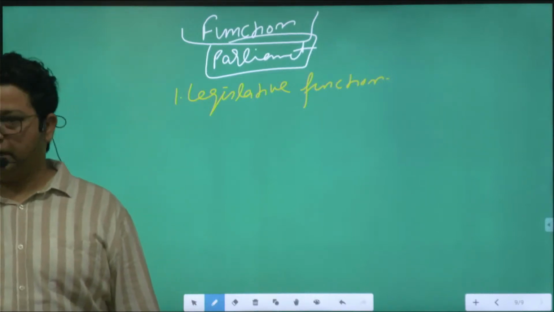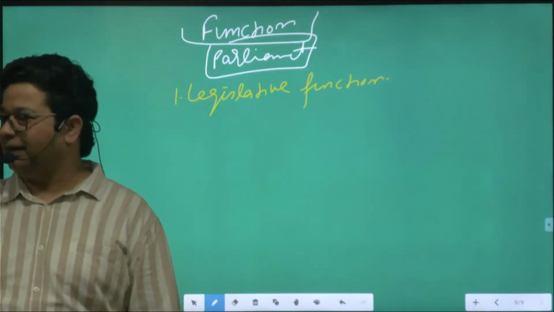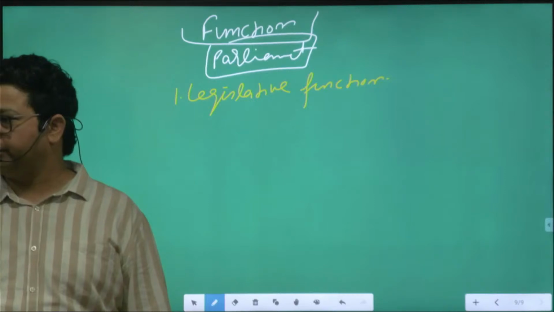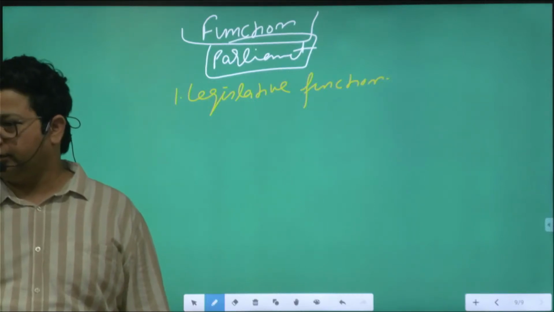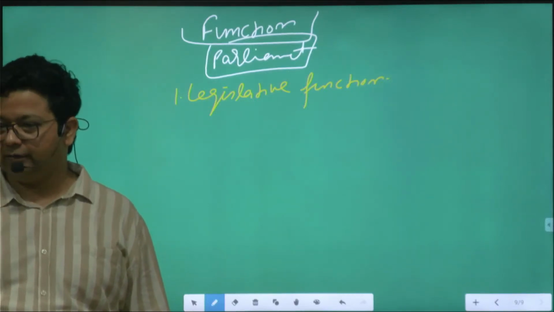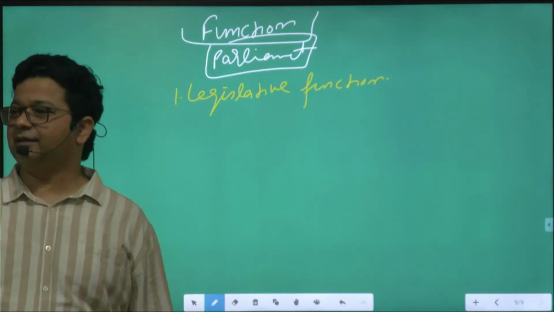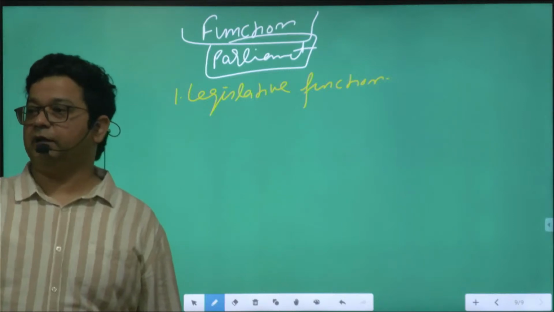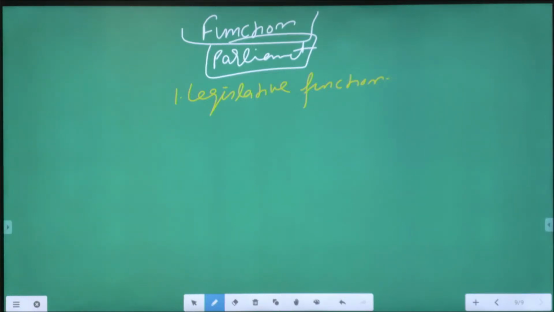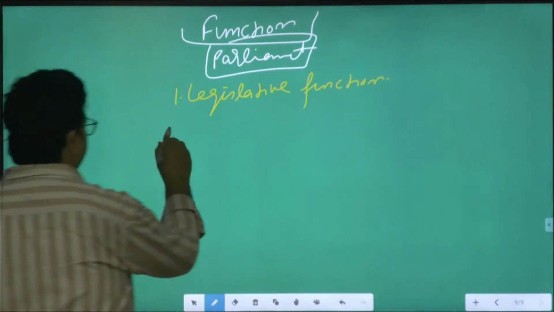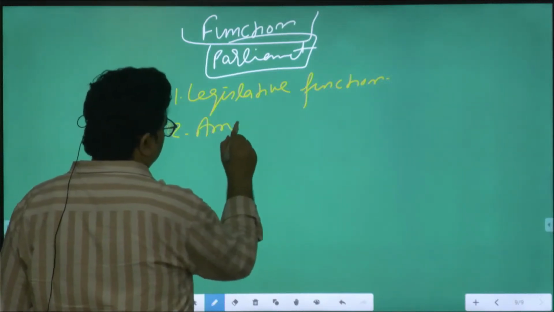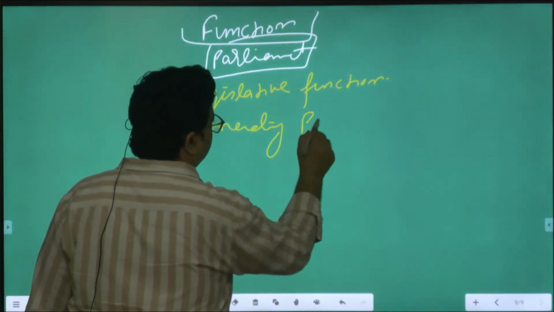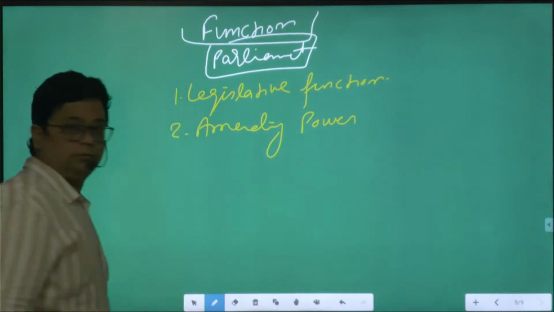Let's start asking questions. What functions does Parliament perform other than the legislative functions? Okay, amending power.